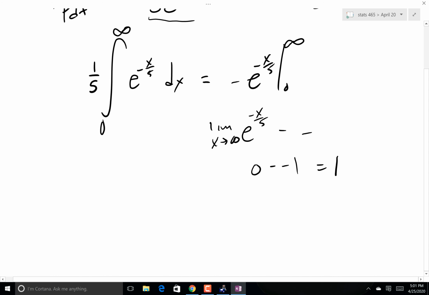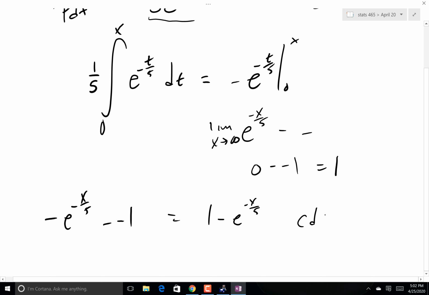That's great. What would happen if I wanted my CDF? Well, then I would integrate from here, and I would end up with negative e to the negative x over 5 minus a minus 1, or 1 minus e to the negative x over 5.